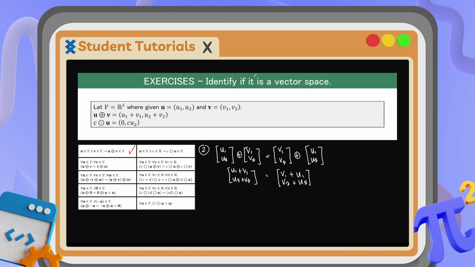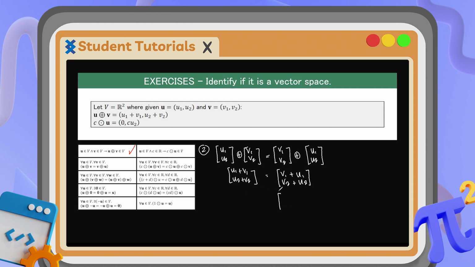Okay, so now that we're at this point, we want to check if it's commutative or not. One thing to consider is, this one is already the arithmetic addition that we are familiar with. And from arithmetic addition, we know that adding two numbers is commutative. So this should show us that it is actually commutative, since based on arithmetic addition, these two are equal.